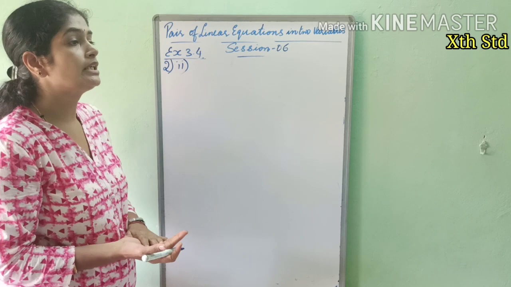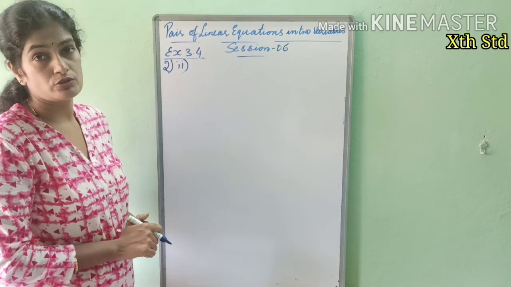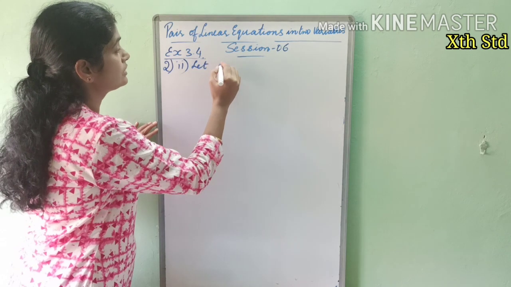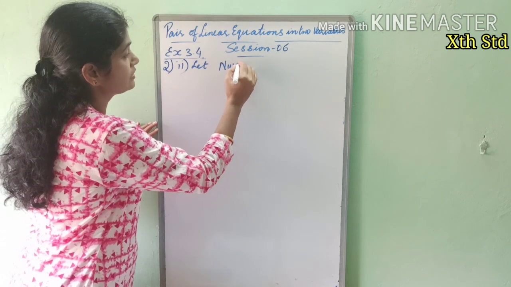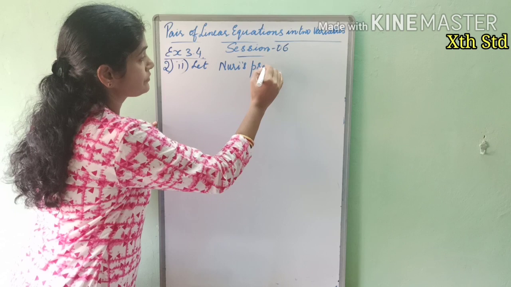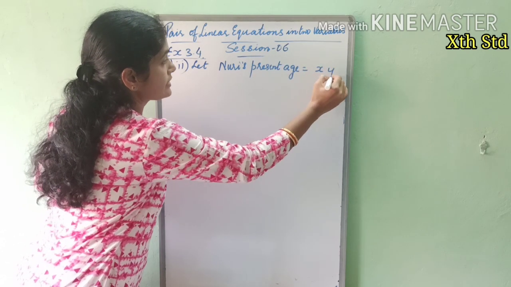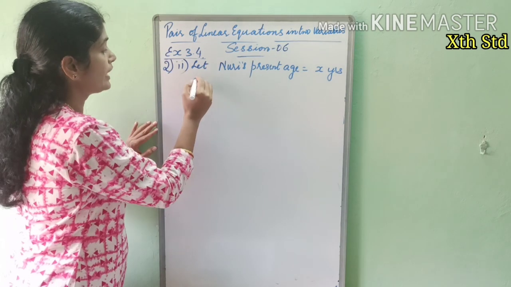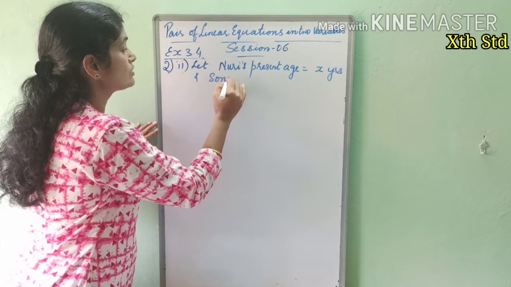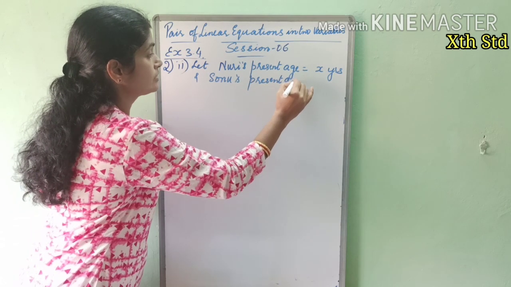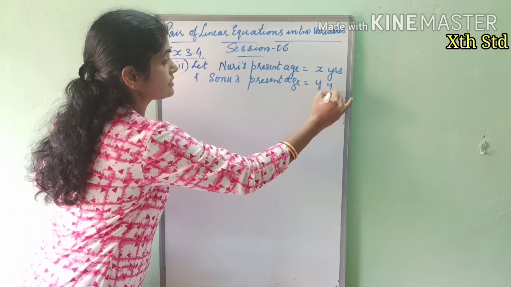So let's take the present ages of Noori and Sonu to be x and y. So let Noori's present age be equal to x years, and Sonu's present age be y years.